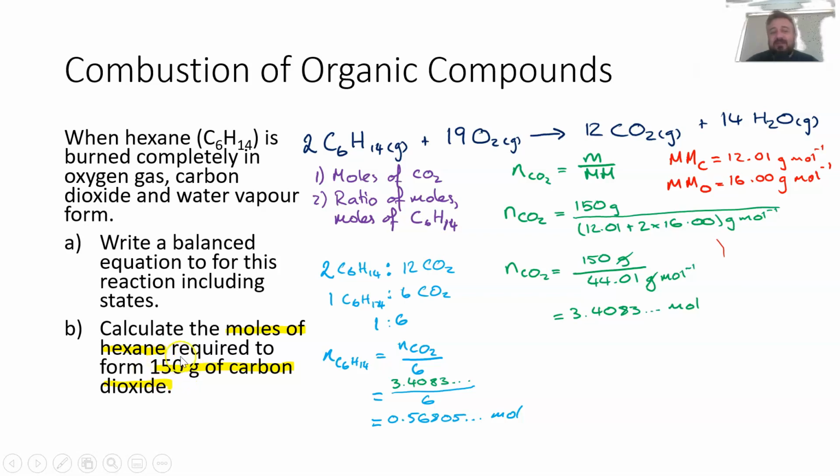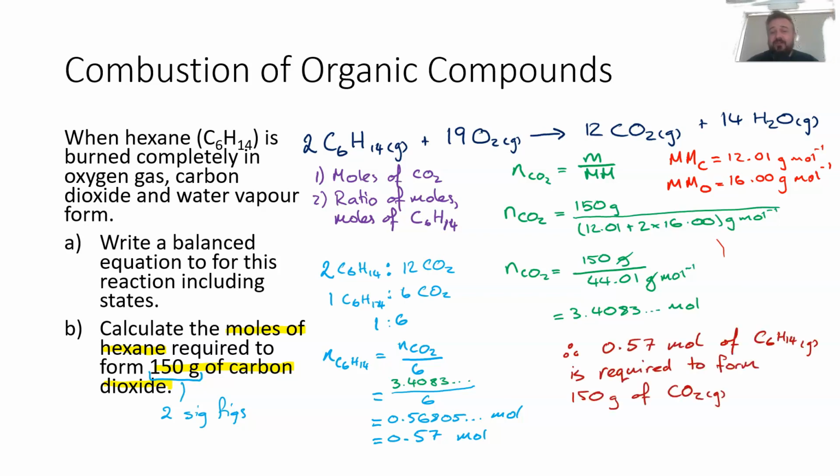There are ways to signify that you have that over there. Let's put a bar over it or something like that. But we tend to consider that an ambiguous 0. So for significant figures, we only have 2 significant figures, which means that our answer becomes 0.57 moles. Okay. So therefore, 0.57 moles of hexane is required to form 150 grams of carbon dioxide.